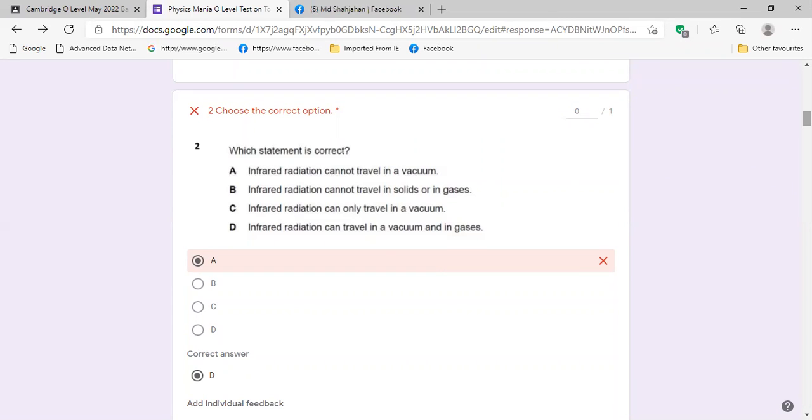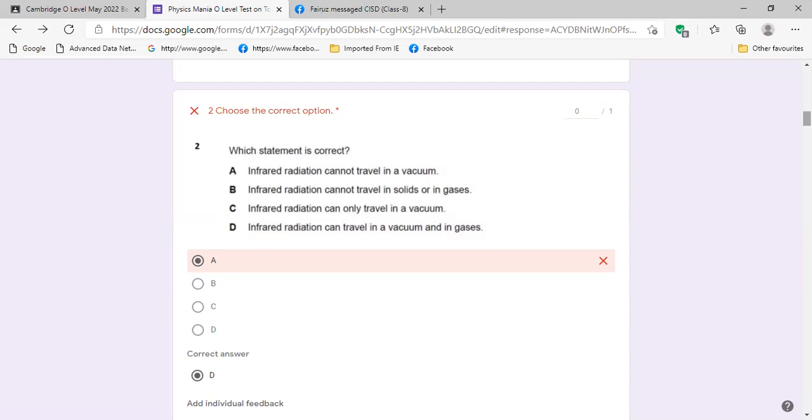Only our atmosphere is a very small part of the distance. Then we can say infrared radiation can travel in a vacuum, right? So this statement A is not correct.